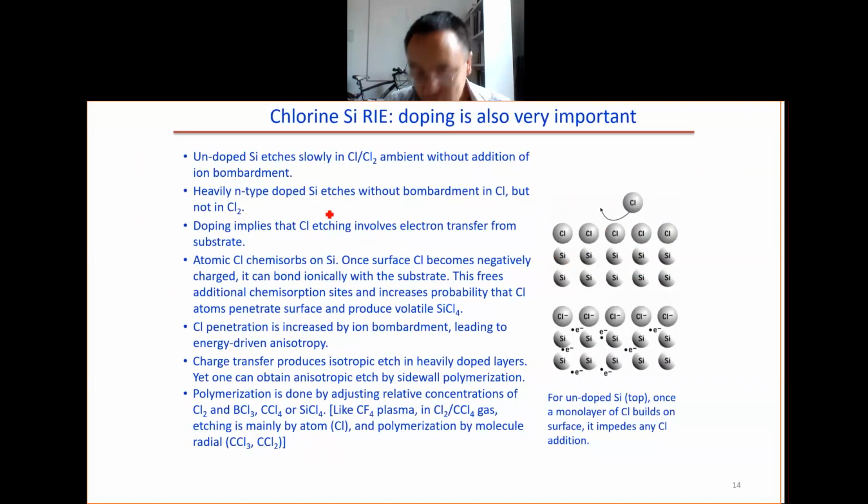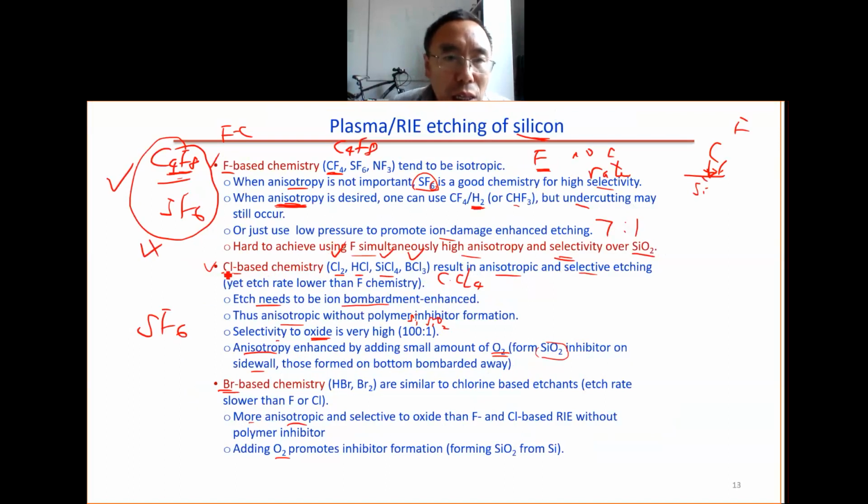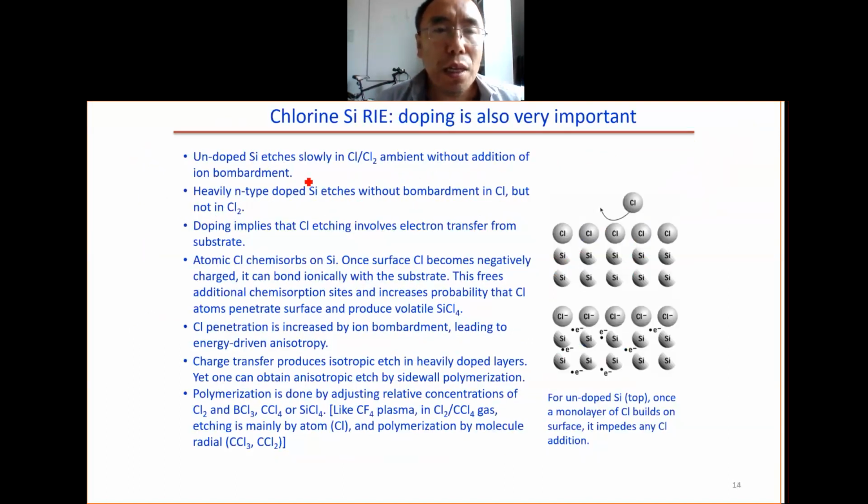Now let's look more closely at chlorine gas etching silicon. Undoped silicon etches very slowly in chlorine atoms or chlorine gas without ion bombardment. But when we have heavily doped silicon, the etch is much faster.